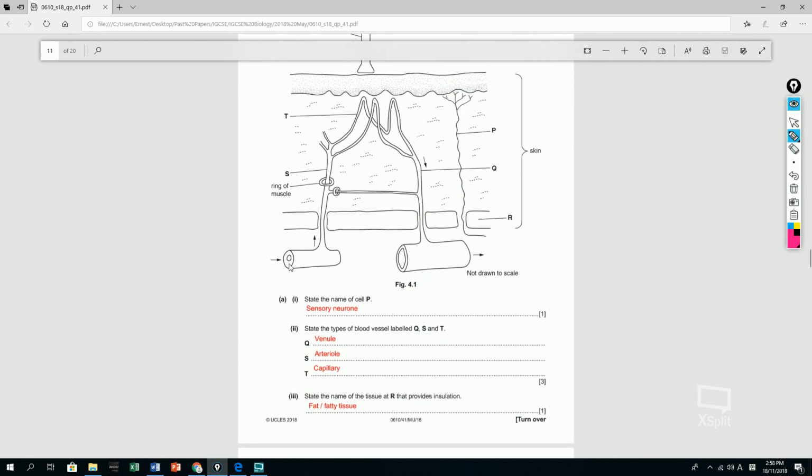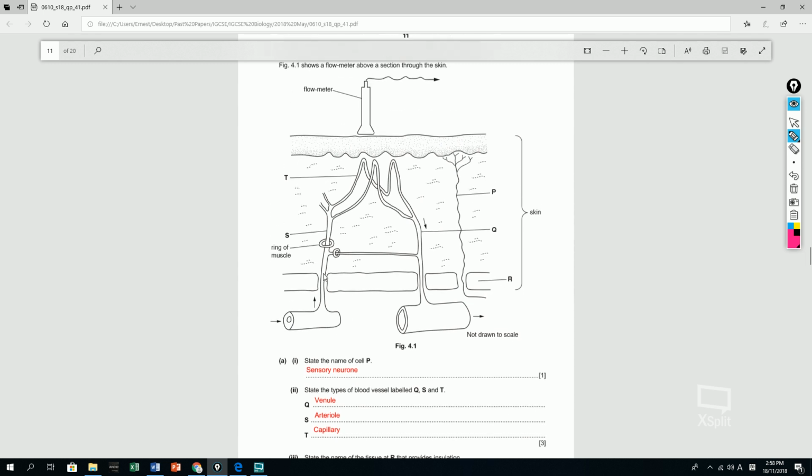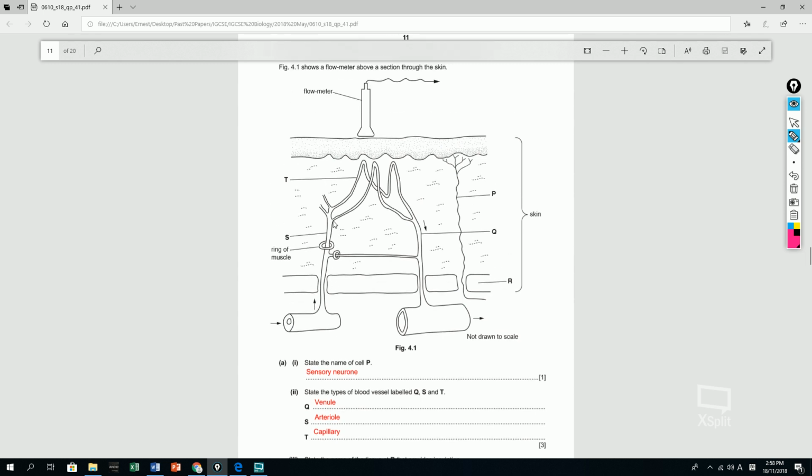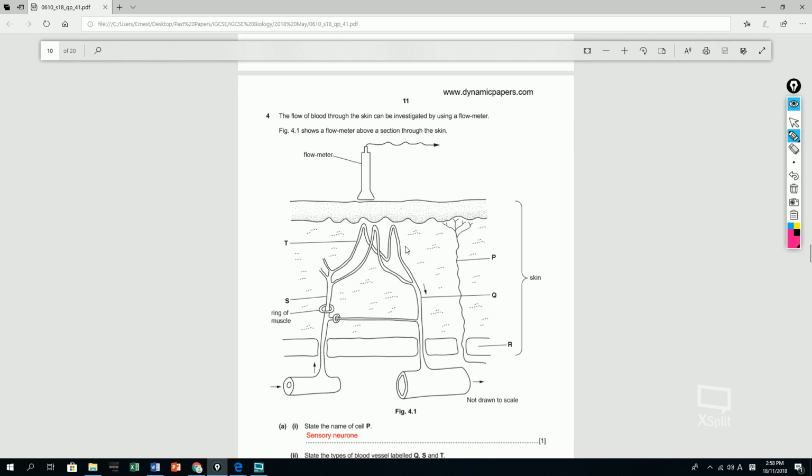So basically what happens is the blood flow comes from the arteries into the arterioles. So when the temperature rises, then the body wants to cool down, right? So what happens is the rise in temperature over here is detected by the receptors, and the impulses get carried by the neurons all the way to the brain.